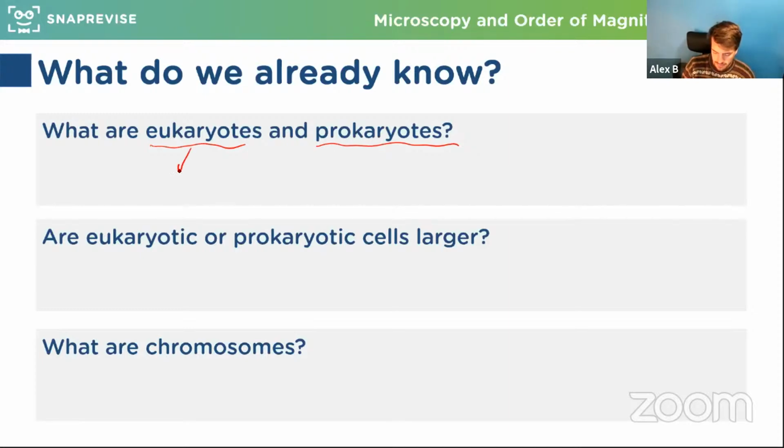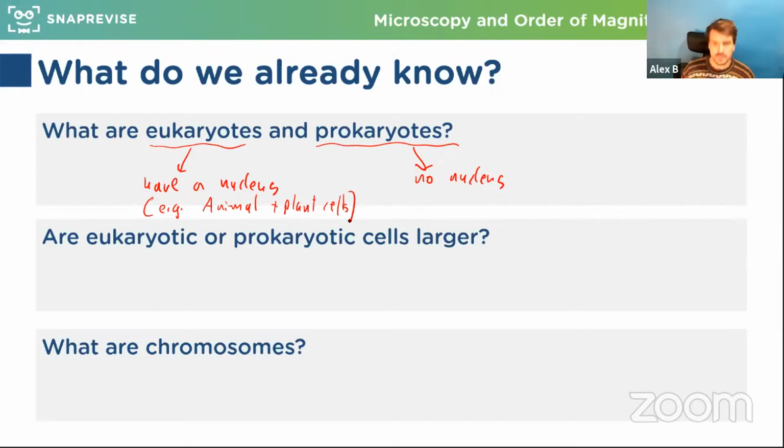So eukaryotes have a nucleus. Prokaryotes, no nucleus. And you've given me some examples: animal and plant cells. No nucleus, prokaryotes, for example bacteria, is a good example. But it's not just bacteria, there are other ones.